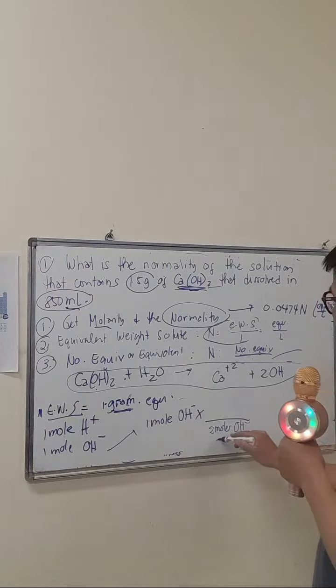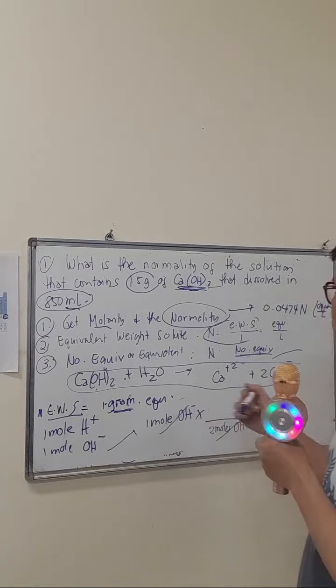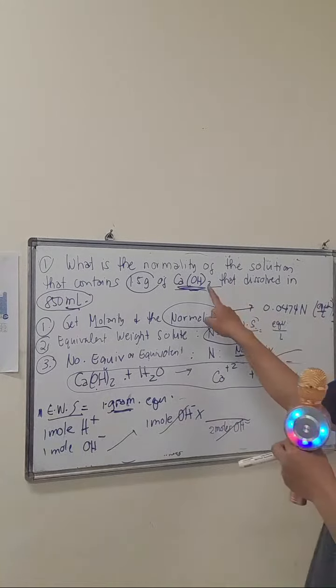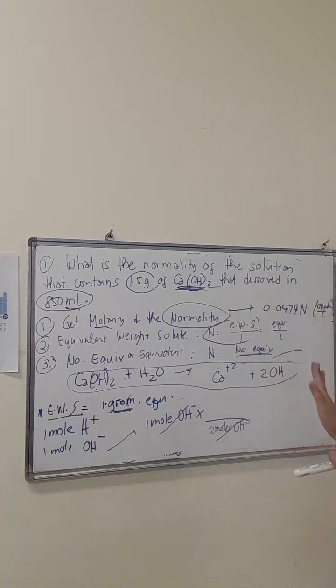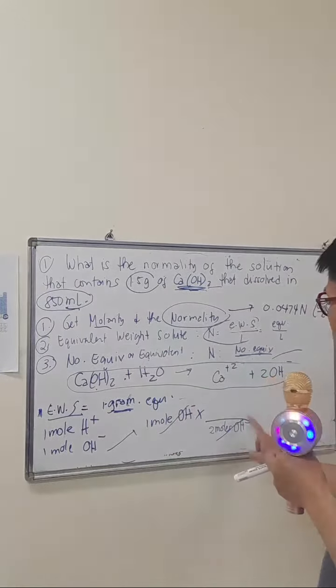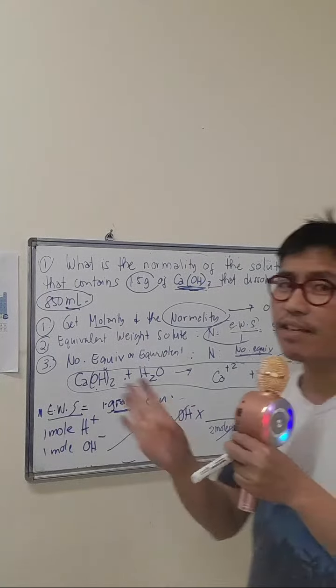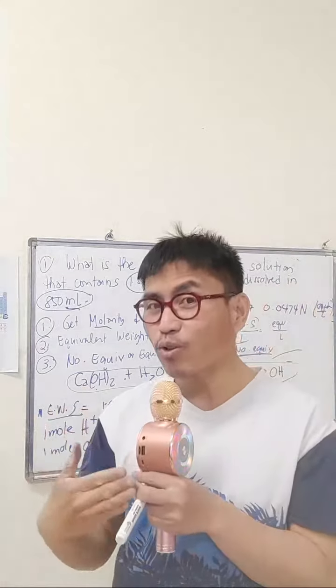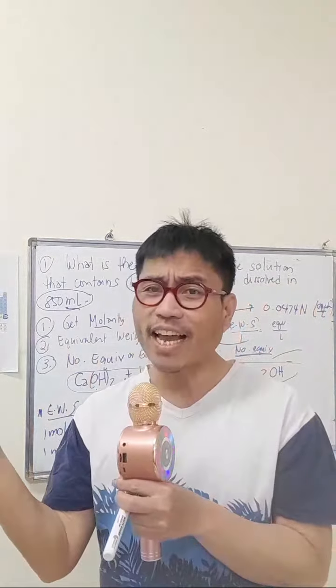Cancel the mole. Now, mga palangga, what is being asked is calcium hydroxide. You will also take the moles of calcium hydroxide because you are doing that in parallel with the OH. If you take the mole of OH, of course, you will also take the mole of the calcium hydroxide.